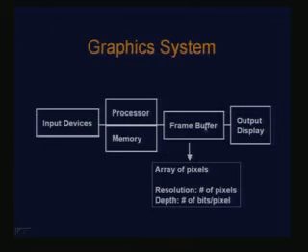Now, the idea here is that this processing whichever I do here needs to be mapped to this output display through this frame buffer, which is containing the information in raster form, a grid of points, a grid of pixels, which I will map to the output display whatever I have.